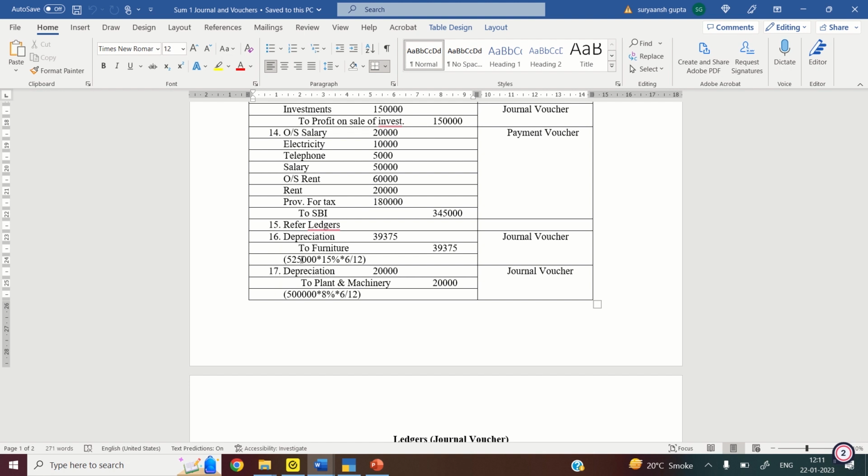You have purchased in transaction number 10 furniture of 25,000. So 5 lakh plus 25,000, 5 lakh 25,000 into 15% into 6 divided by 12. So the answer will be 39,375, and the entry will be depreciation to furniture in journal voucher.